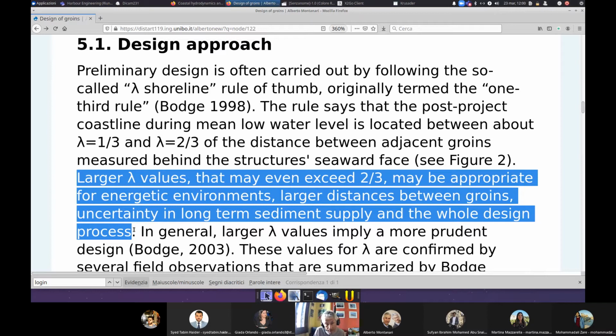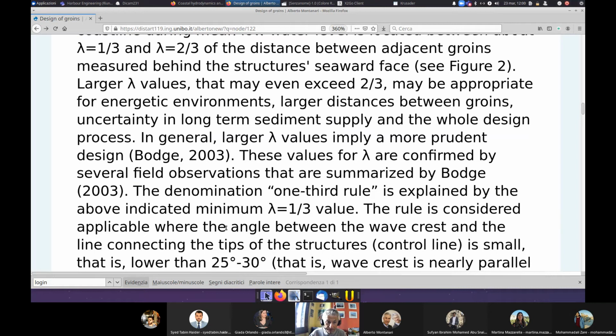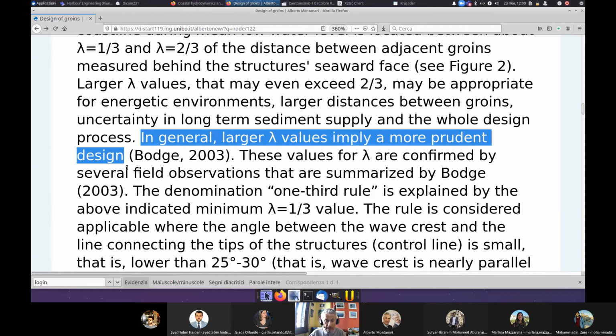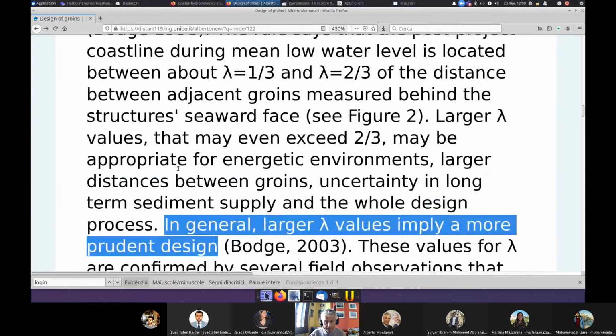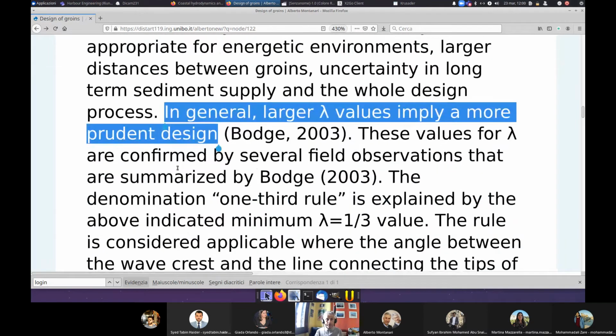And if you increase lambda, it means that if you want to reach a considerable advance of the shoreline, you have to make longer groins, okay? In general, larger lambda values imply a more prudent design. Good.